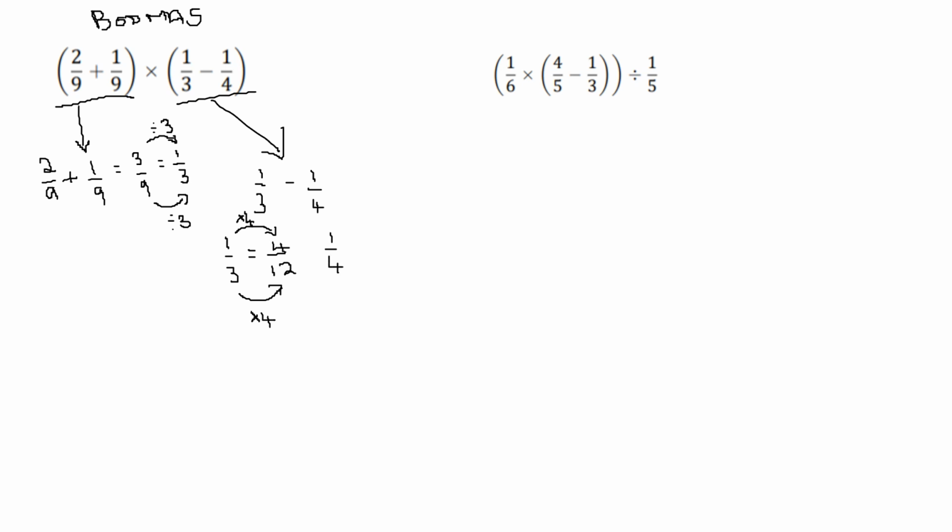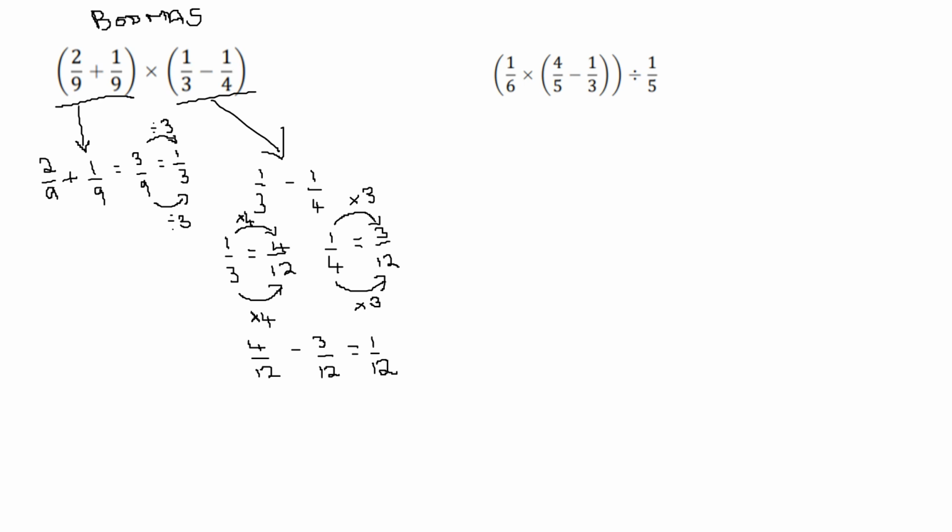And then I've got 1/4. So I need to multiply that by 3. And I'm also going to do exactly the same here. I'm going to multiply by 3, and that will give me 3/12. So I can now work out the calculation in that bracket. 4/12 take away 3/12, and that will give me 1/12.